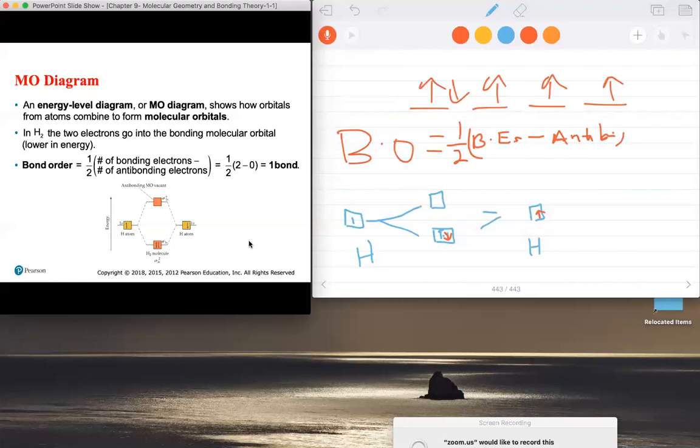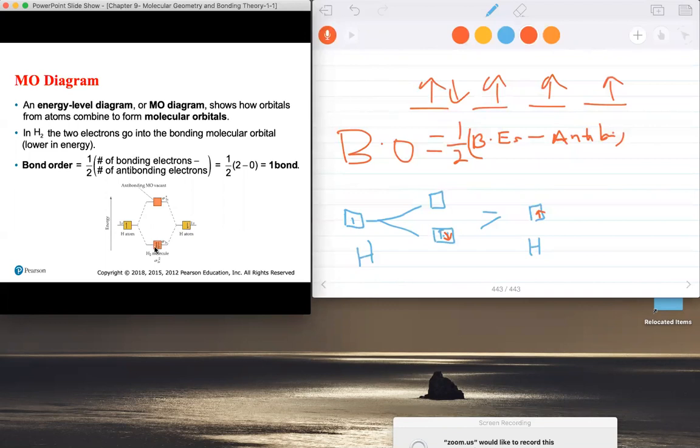So if you look at the molecular orbital diagram, 1 electron from each hydrogen, they all occupy the lowest orbital. This is the bonding. We don't see anything on the antibonding, and please take note of this star: 1s sigma star, and 1s sigma. This is the bonding.